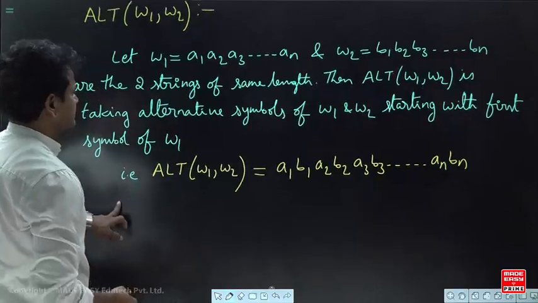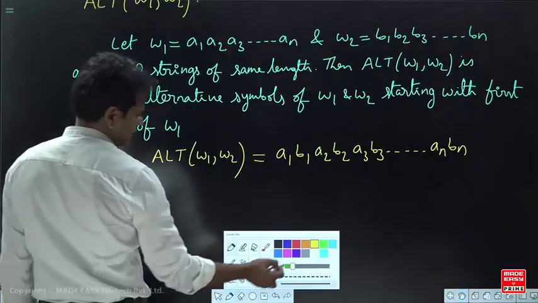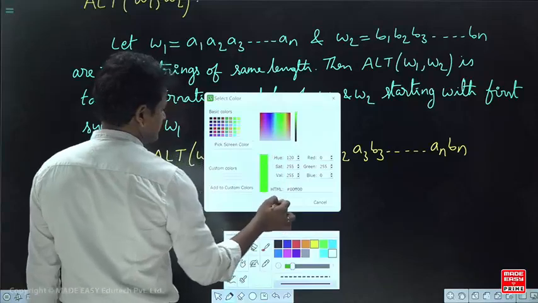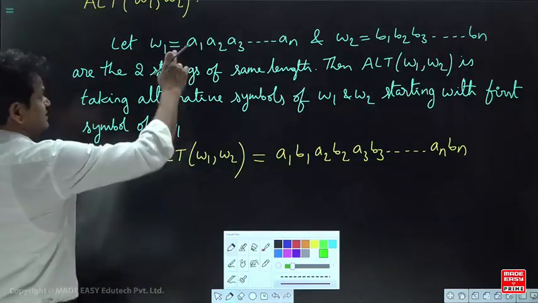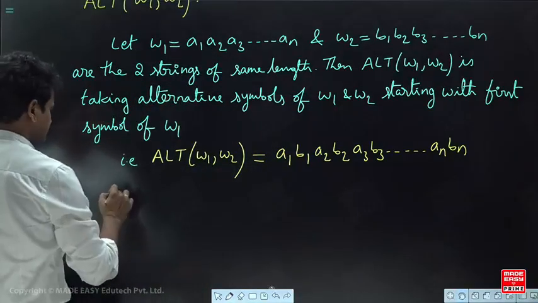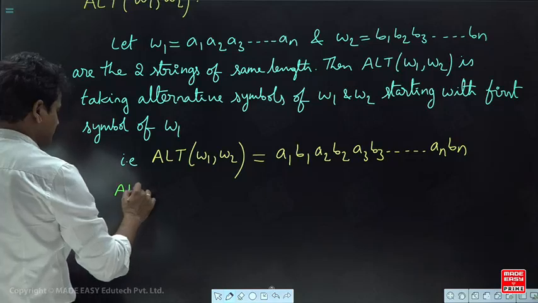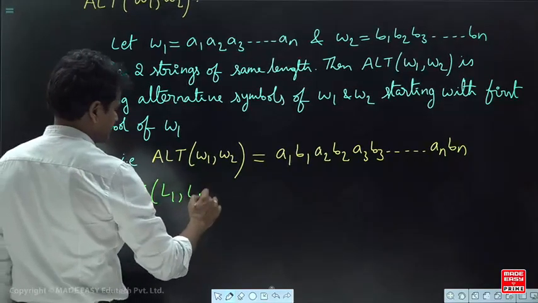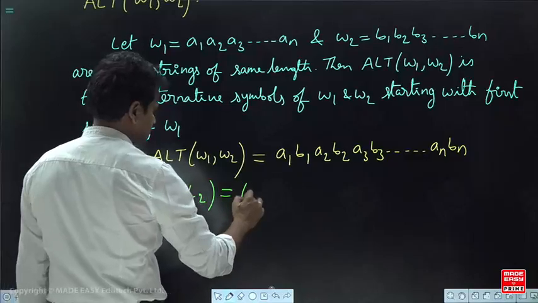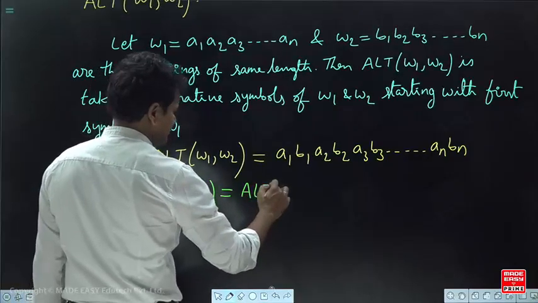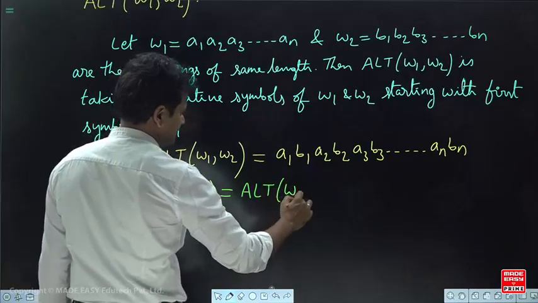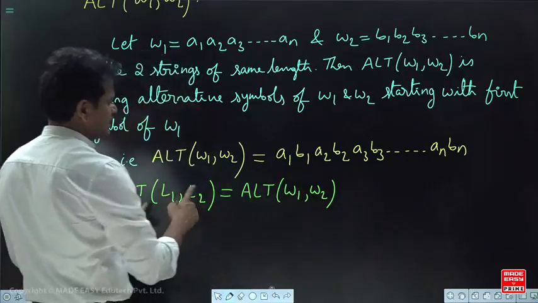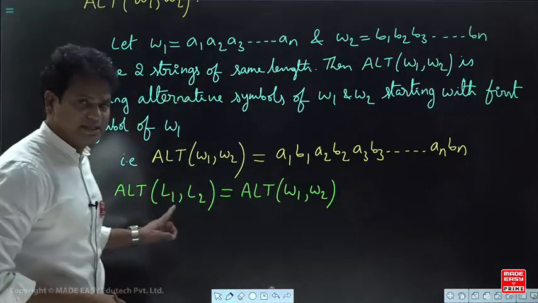Okay. Now guys, if you want to find the alternative of two languages, this is of two strings, na? So then alt of L1 comma L2 is equal to nothing but those strings of same length in L1 and L2.